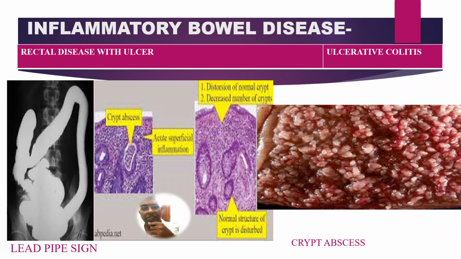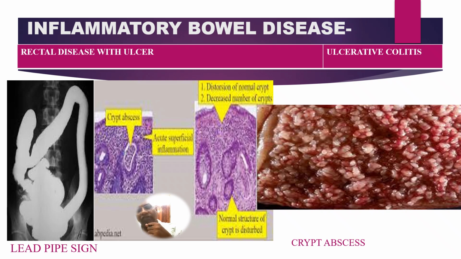And the characteristic feature of ulcerative colitis is crypt abscess. There will be edema of the mucosa causing the loss of haustral striations, giving the appearance of lead pipe, or lead pipe sign on radiology. String sign of Kantor is seen in Crohn's disease. Lead pipe sign is seen in ulcerative colitis.